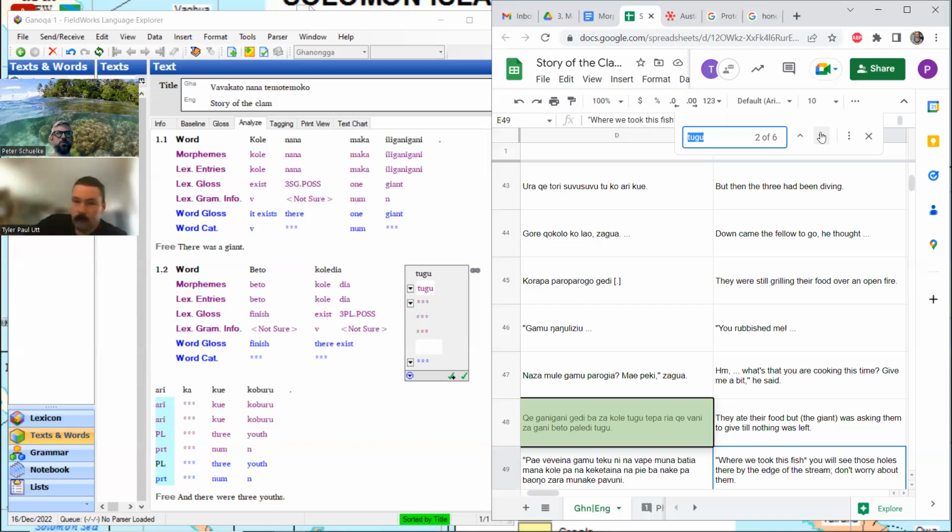Vaniza Gani Betu. Gani Betu must mean he ate all. You get two tugus there. He also ate all. So no, I can't rule out tugu as also, but it's not the best evidence for the gloss.